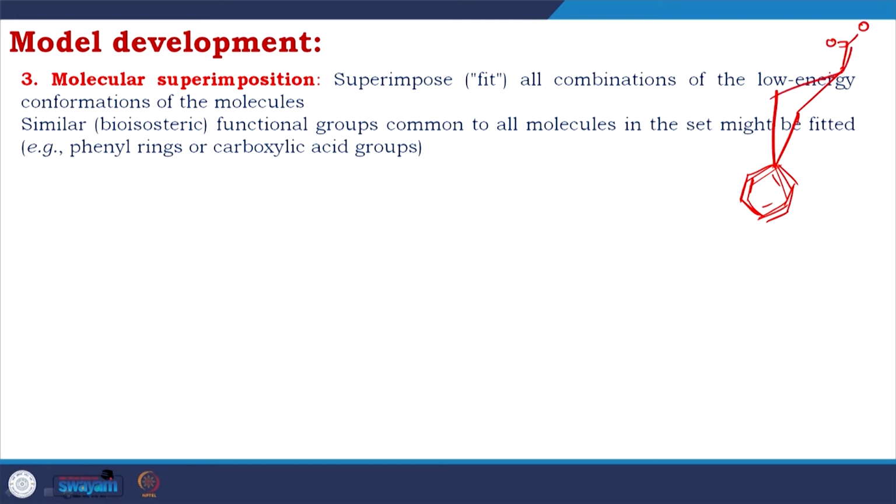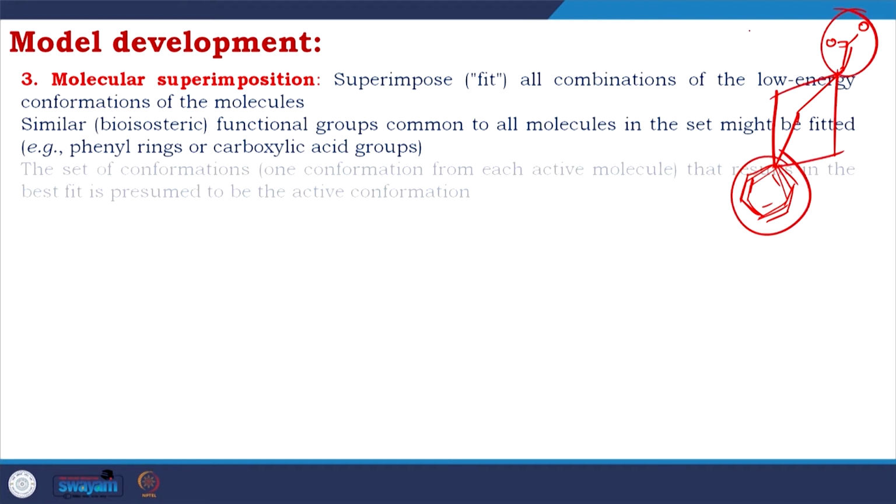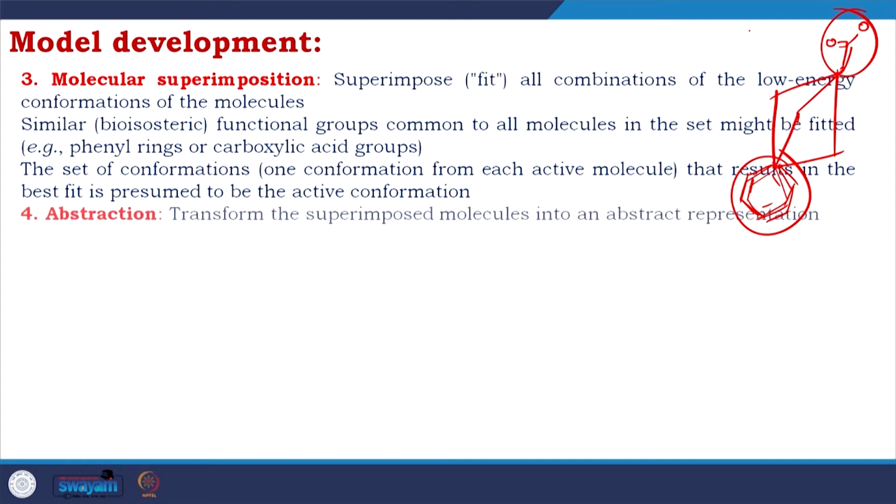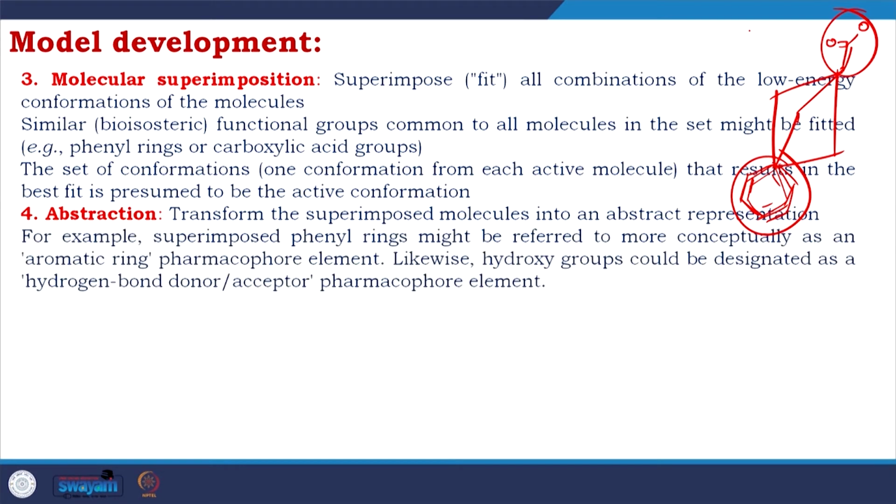The compounds are different, but those points should be fitted together. The set of conformations, one conformation from each active molecule, that results in the best fit is presumed to be the active conformation. Abstraction: transform the superimposed molecules into an abstract representation.